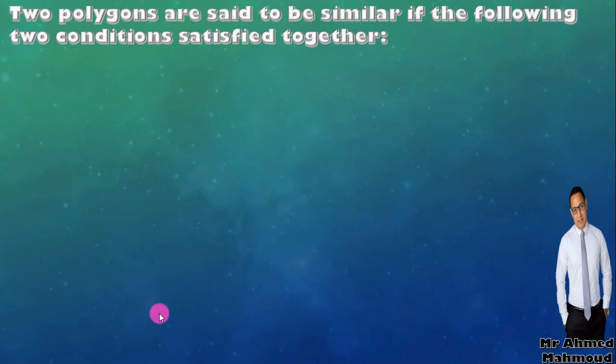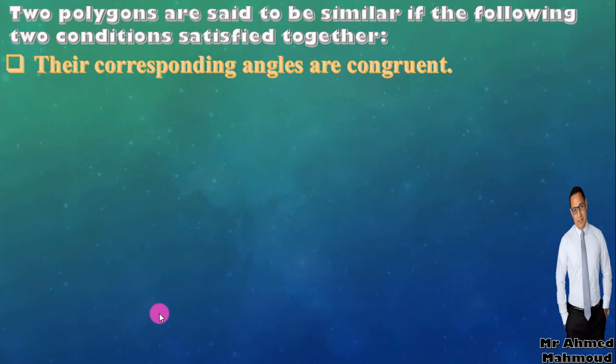Two polygons are said to be similar if the following two conditions are satisfied together. We have two conditions: one related to the angles and the other related to the sides. First, two polygons are similar if the corresponding angles are congruent.